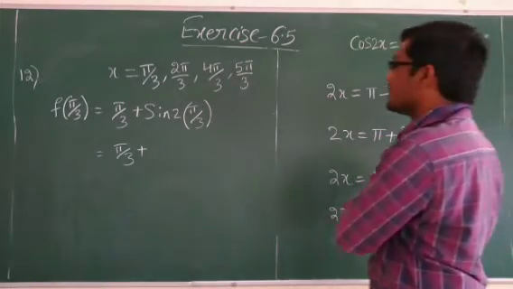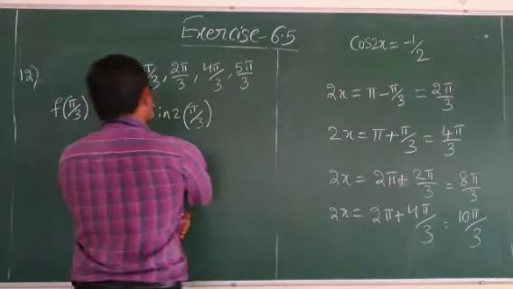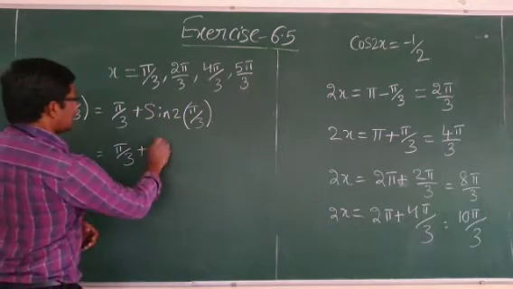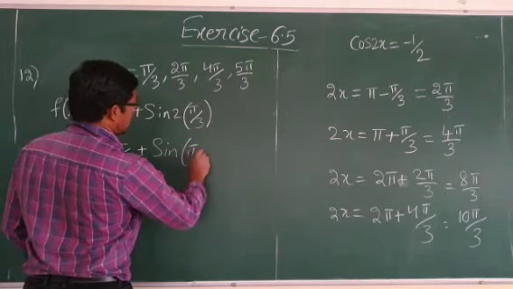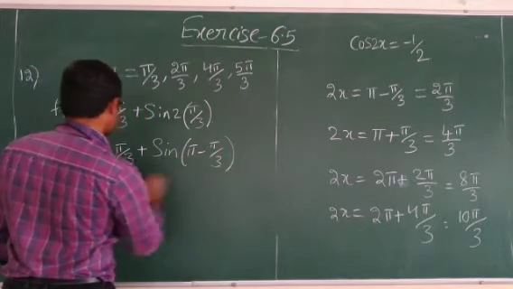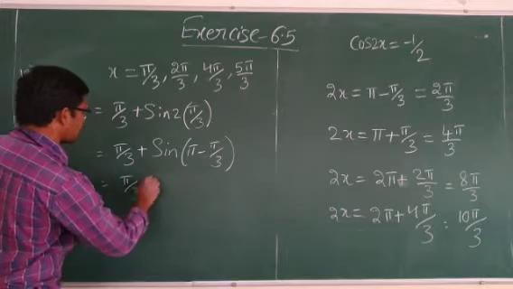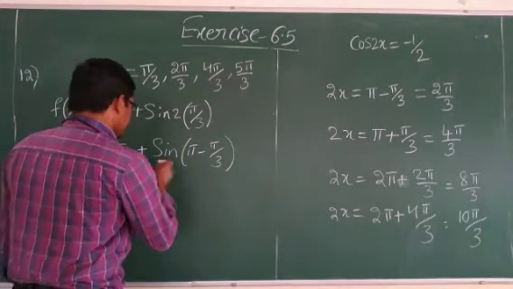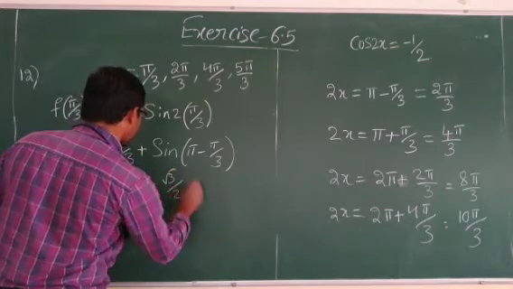In second quadrant, sine is positive, so we get plus, and that will be equal to pi by 3 plus sine of pi by 3, that is pi by 3 plus root 3 by 2.